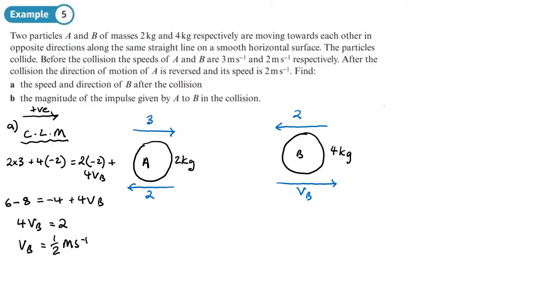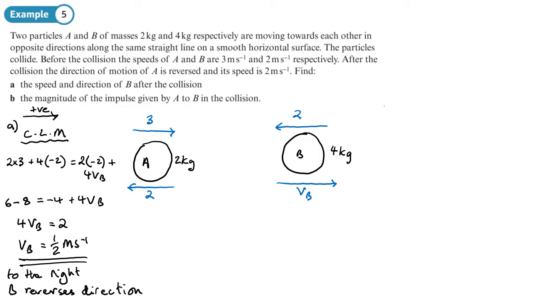So the velocity of B after the collision is a half, and the direction, I could say that it reverses direction, or it's to the right, so I'll put to the right, or you could write down B reverses direction. So either one of those gives you information about which way B is going.